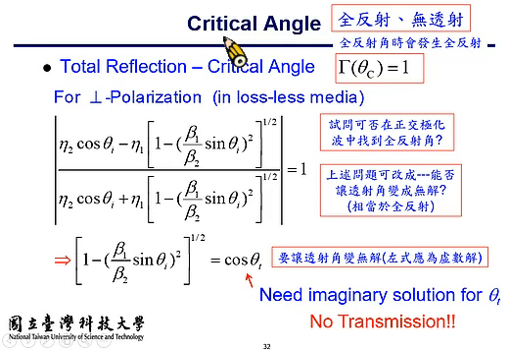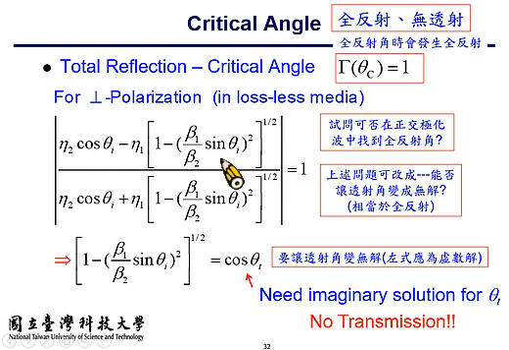But the term no transmission should be examined carefully as we proceed further. Let's take a look at perpendicular polarization, and to make your life a little easier, we assume the medium is lossless.